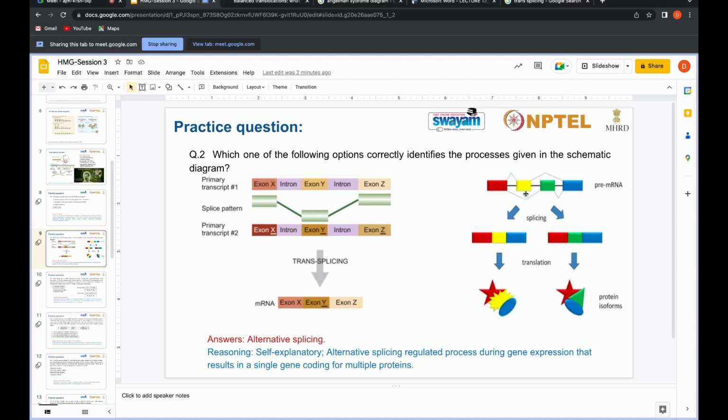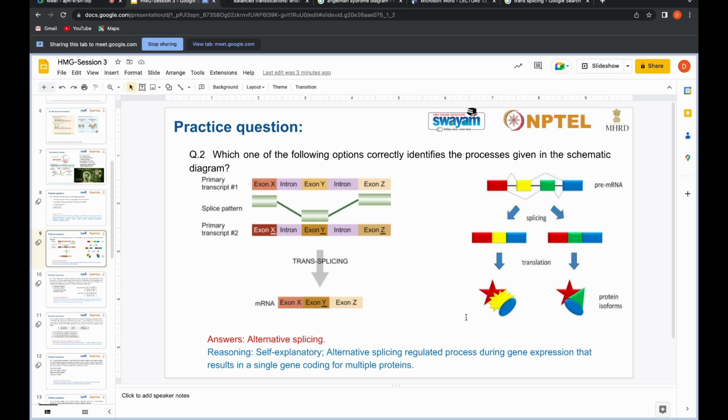But here there was a single pre-mRNA and different combinations of exons combined together. The first and last exons are similar in both, but the middle exon is different. In the other case, the beginning and ending exons in both transcripts are also different. So that is trans-splicing; if we compare the two transcripts, we can define it.